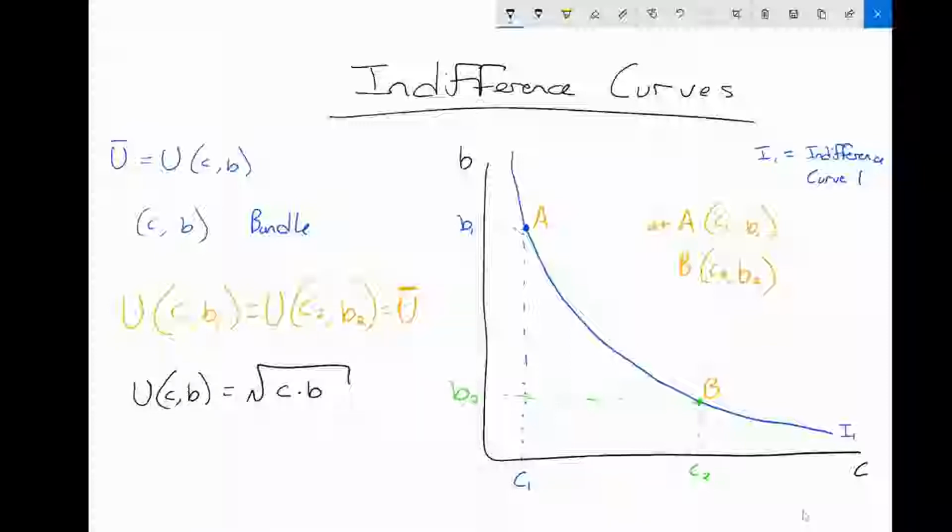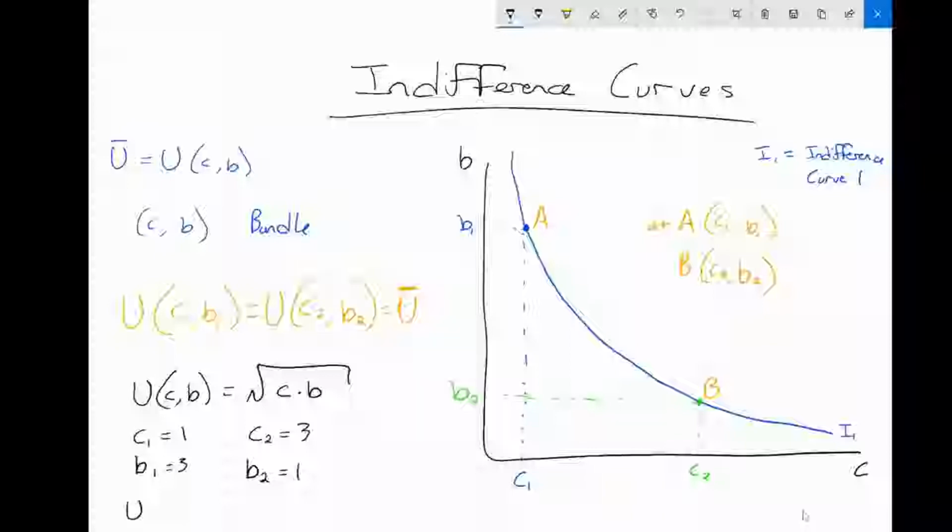Let's say that was our utility function. And let's say that c1 equals 1 and b1 equals 3, and c2 equals 3 and b2 equals 1.